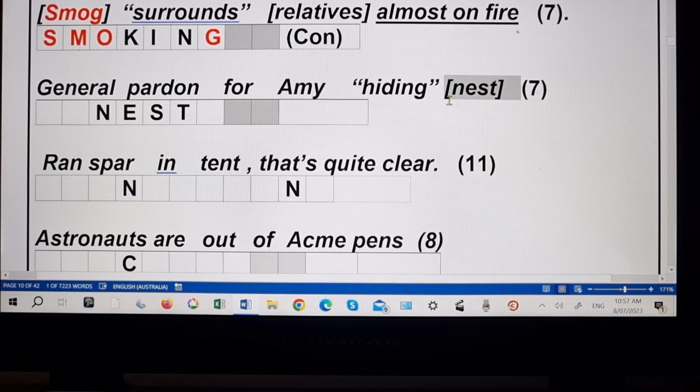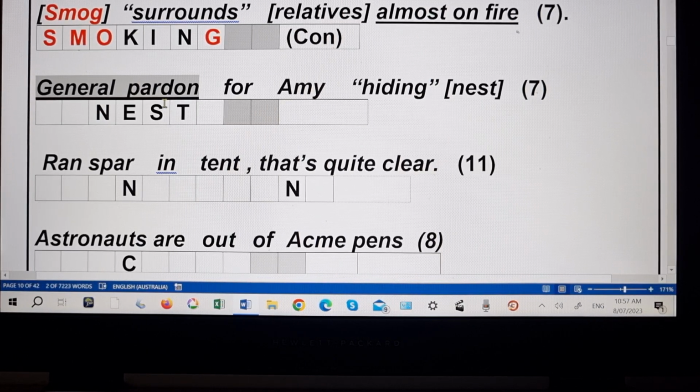All right, so I'm assuming that's a fodder at this stage. Now, if all that's happening down here, then the key is up this end. General pardon. I'm assuming that's the key. What is a general pardon? I'm sure you got the answer.